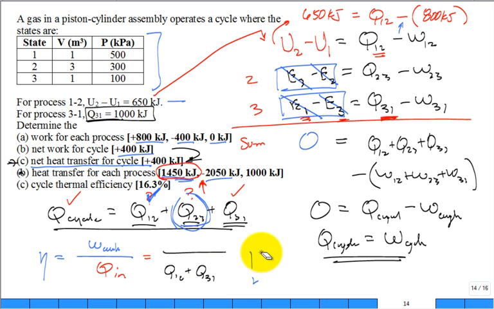So this is the work of the cycle out. So the work net of the cycle is 400 kilojoules divided by 2450 kilojoules. If you have a calculator, can you check that at 16.3%? It is. Does that look good?